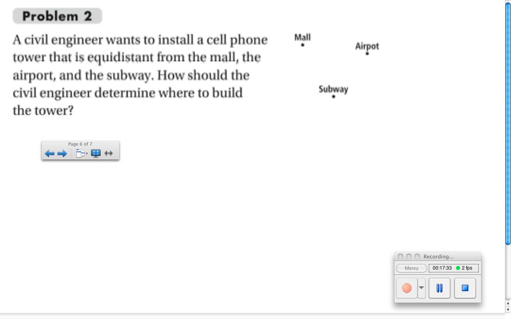Let's backtrack. Remember, the circumcenter is equidistant from points, whereas the incenter is equidistant from segments. Are the things he's trying to be equidistant from points or segments? Points. They're points. So what he wants is the circumcenter.